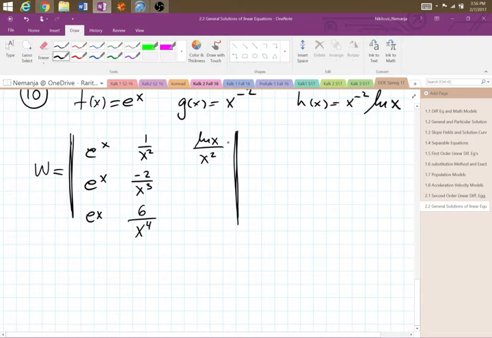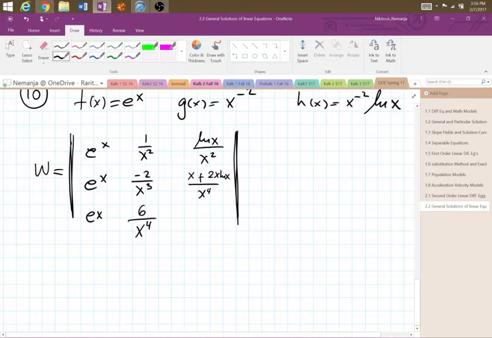Now what do we do for this one? Product or quotient. So we have x squared times 1 over x, which is just going to be x, plus 2x ln x.